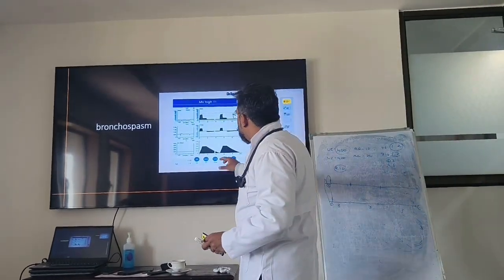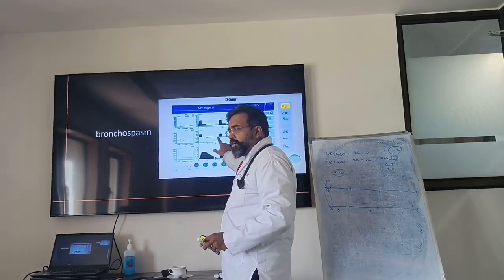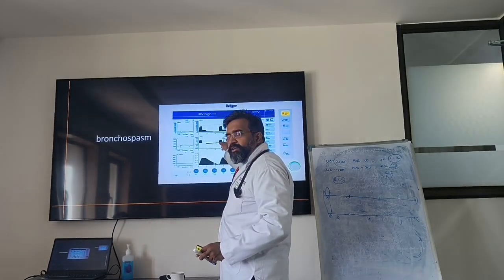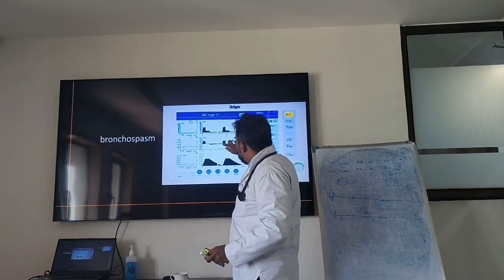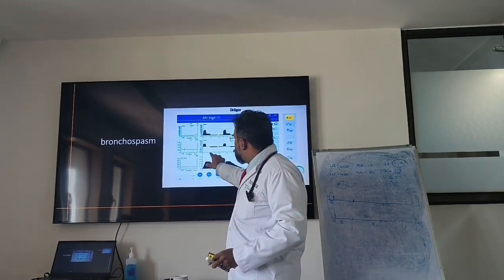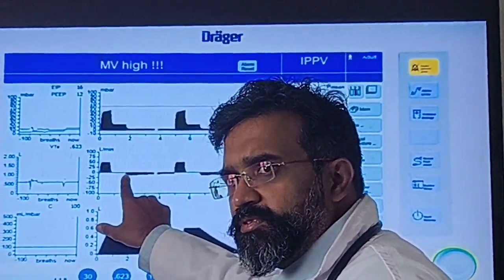See this now, what has happened? It has increased. And there is some flow that has not reached the baseline. There is some flow that has not reached the baseline. Okay, the expiratory flow over here has actually come down.